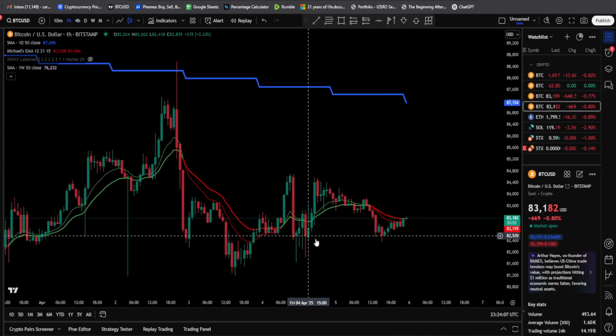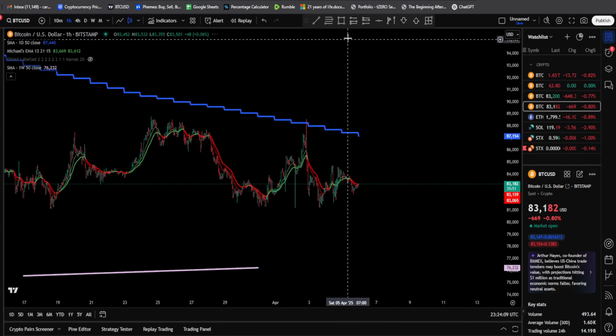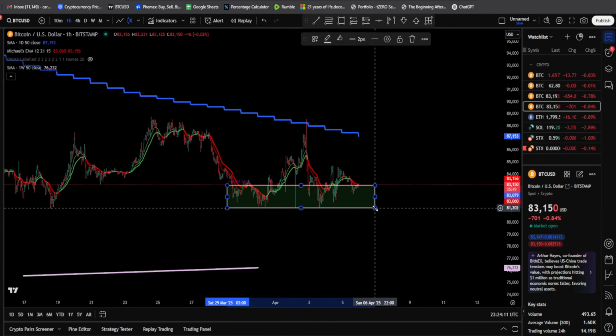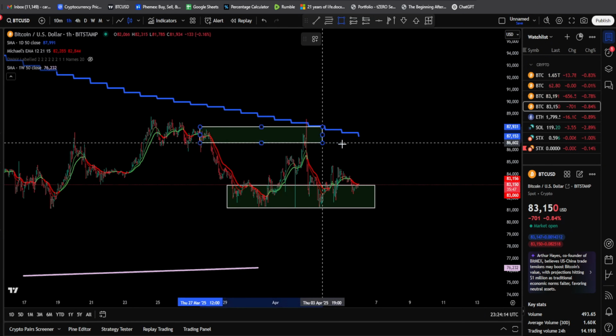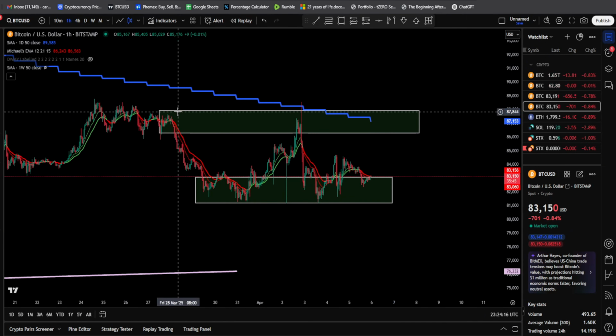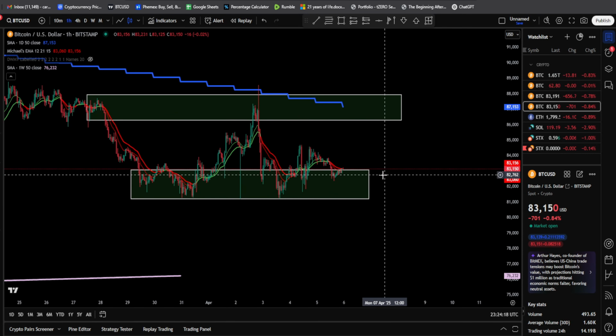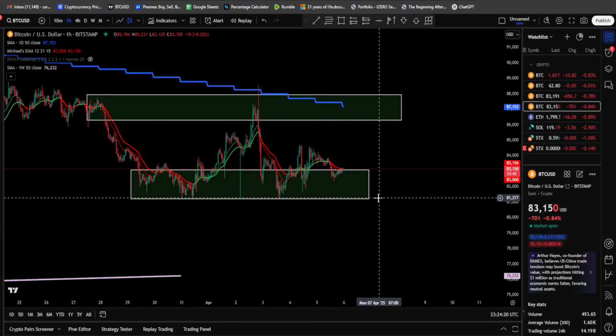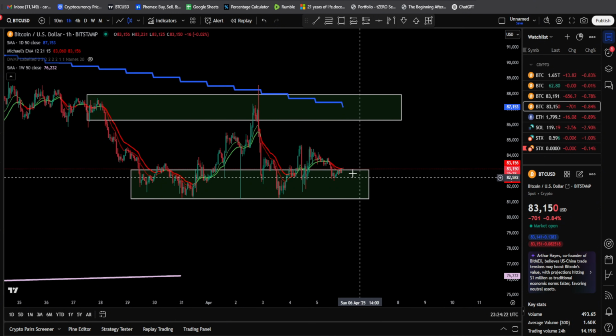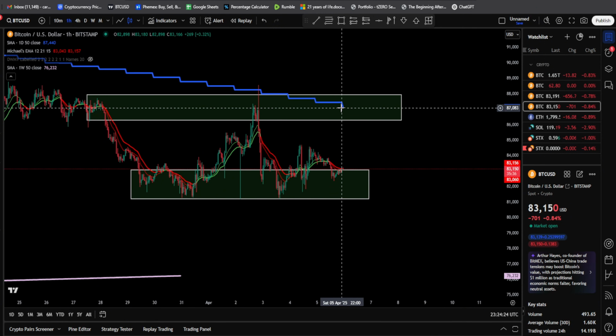Clearly we're in a range of this being support and this being resistance. Clear range, right? Where you could just buy 83, 80, 81, buy anywhere here, sell here.